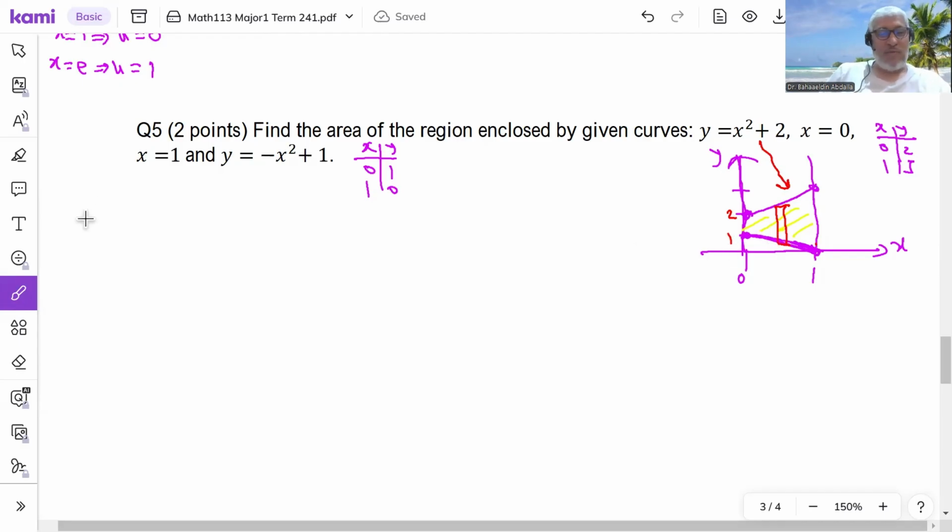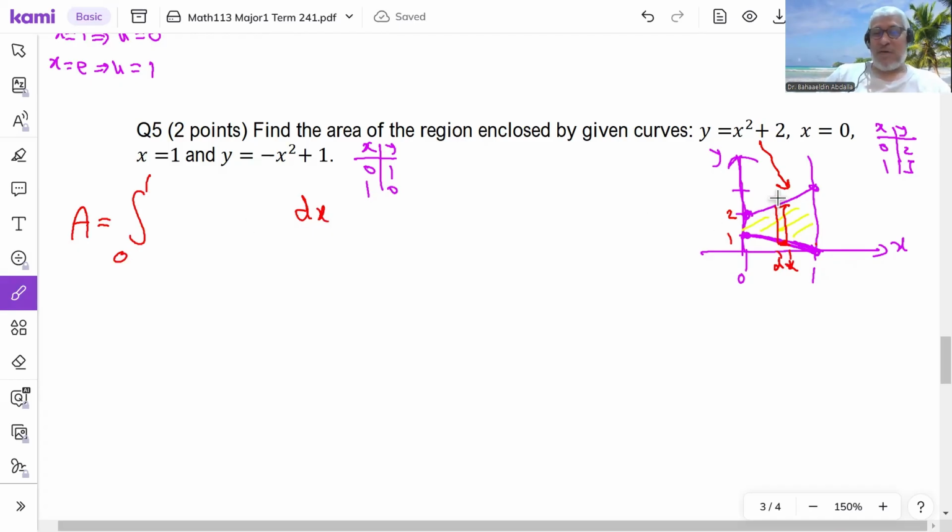So now the formula says that the area in this case, because you are taking a vertical rectangle, what would be the width? It is dx, it's part of the x-axis, so we call it dx. So this integral would be with respect to x. And this x runs from where to where? From 0 to 1. So x runs from 0 to 1.